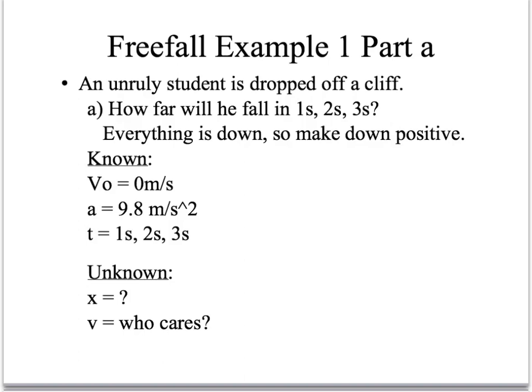So my acceleration due to gravity is 9.8. Here I made it positive. I often put little arrows at the end to remind myself that, okay, that's down. And then I can check my variables and make sure the things that are down have the same sign. So my unknown, in this case, I'm looking for distance, and I don't care about how fast he's moving.